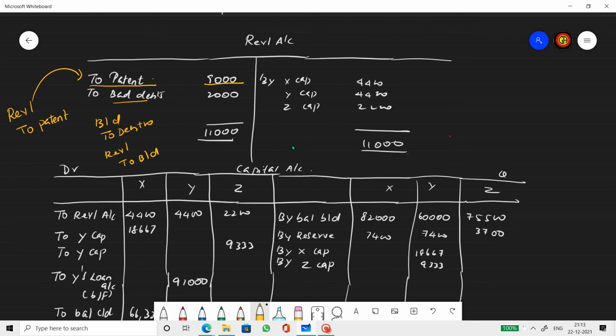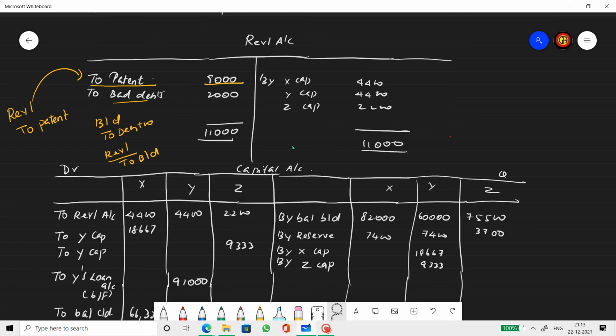But here there is no provision account given in the balance sheet, which means the company is not maintaining an account for bad and doubtful debts. Therefore, the bad debts will be transferred to the revaluation account. So this entry gets posted in the revaluation account as to bad debts, 2,000 rupees.